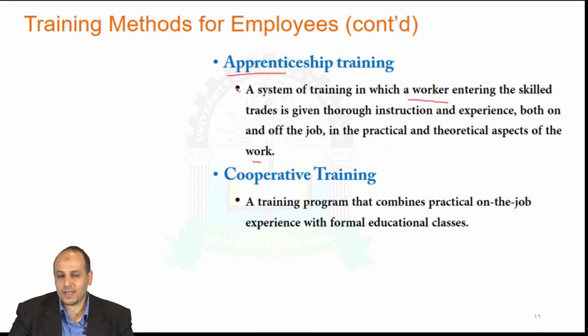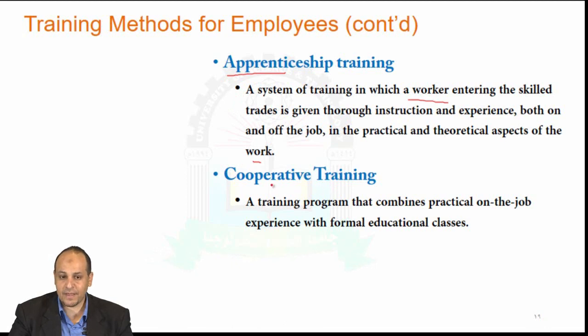So this can be used by companies addressing such kind of training to fresh employees. For example, graduate students who join companies, so they can gain more experience, more knowledge about how to do things in a given position by learning from experienced people.